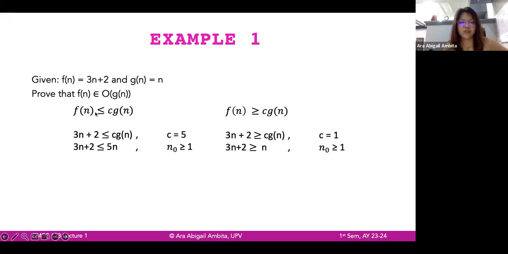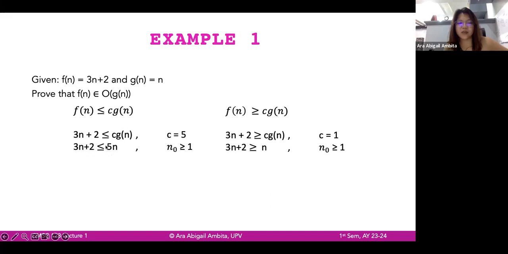So f of n should be less than or equal to c g of n, and f of n is greater than or equal to c g of n. We can do that by looking for some constant c for this part. One possible value is 5, by adding all the constants here.